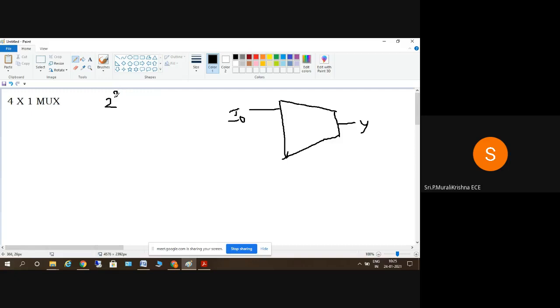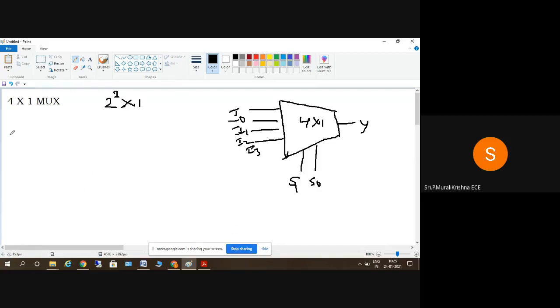So we have I0, I1, I2, and I3. Selection lines will be two selection lines here, S1, S0. This is the block diagram.